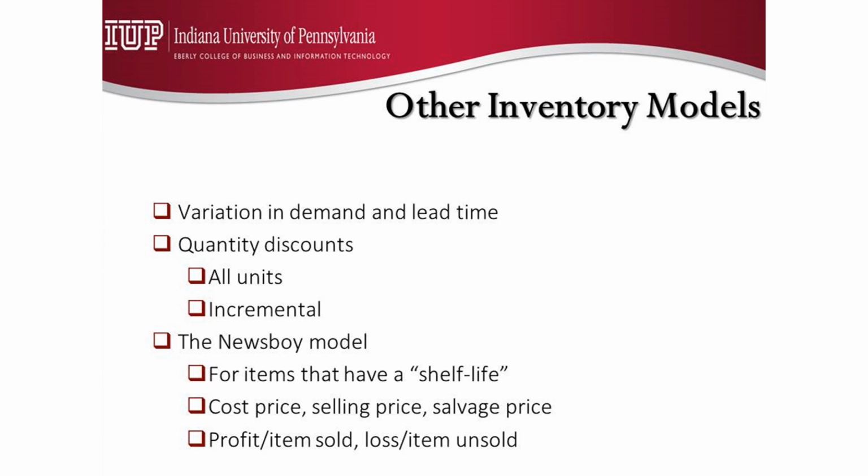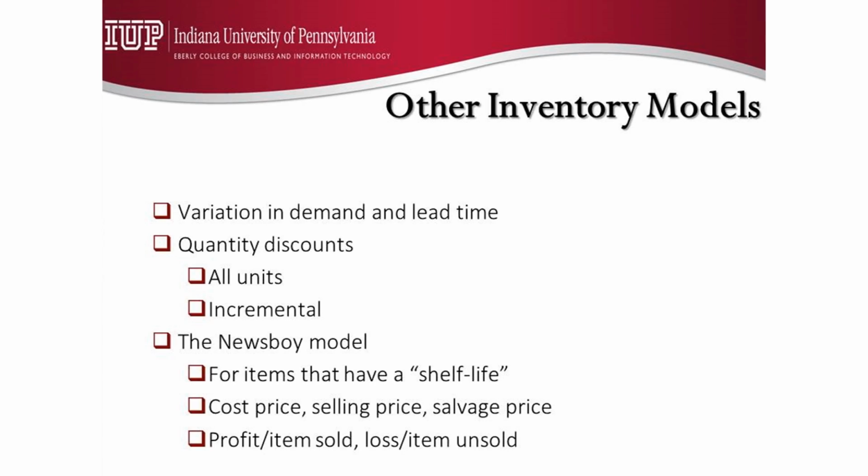Anything that has a shelf life falls under the newsperson model. Eggs, cake, any baked items, meat, produce, tickets for a show. All of these are called single time period inventory control problems. You sell it or lose it.